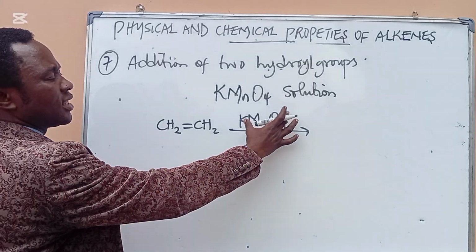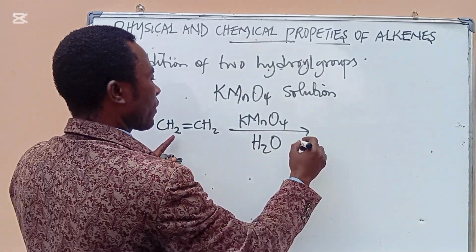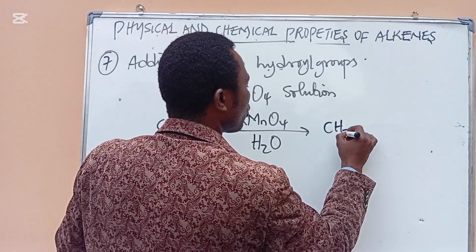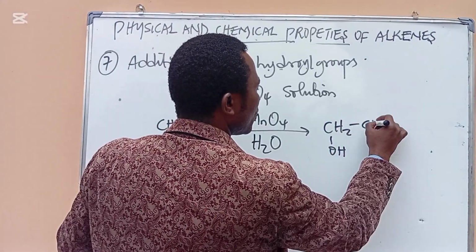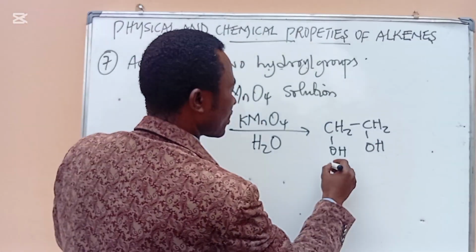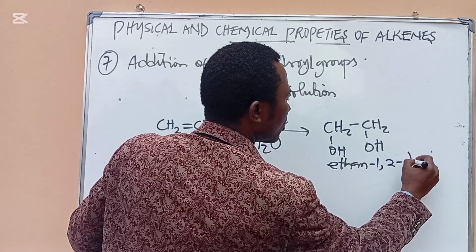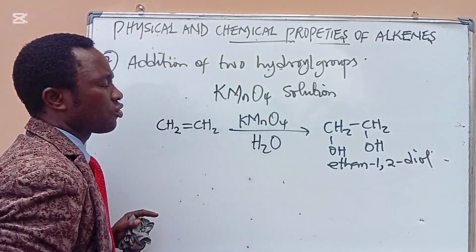Now what the oxidizing agent donates is oxygen. So when this reacts with this, what you have is CH2OH, then CH2OH. So the compound is ethane-1,2-diol.